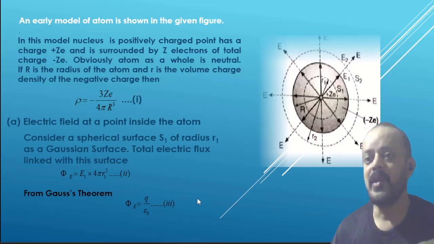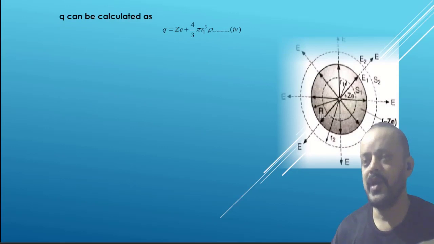Now here we will calculate the charge enclosed inside the Gaussian surface of radius R1. To calculate the charge inside the Gaussian surface, we will obtain the amount of the negative charge. Then we add this amount to the positive charge. As we discussed, the total positive charge inside the Gaussian surface will be Ze.